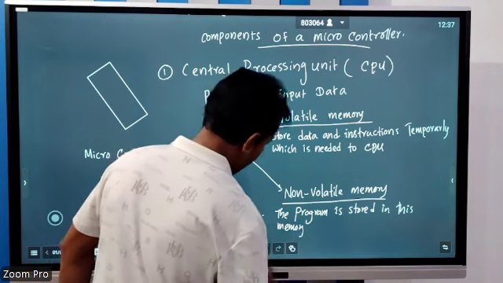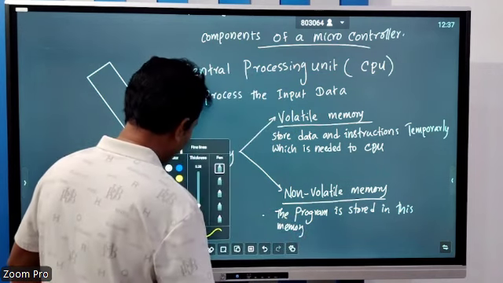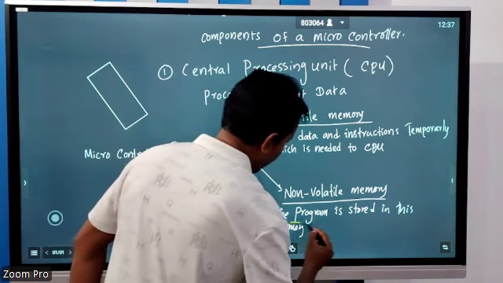The program is stored inside this memory.